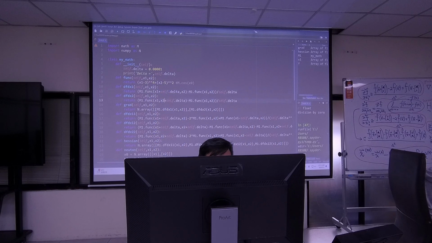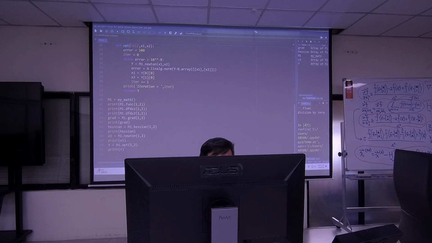For the second one, I have an increment of delta on x2. So I formulate them into an array, a NumPy array, because I want to use some of the nice matrix calculation methods in NumPy. That's why I form them into a NumPy array.